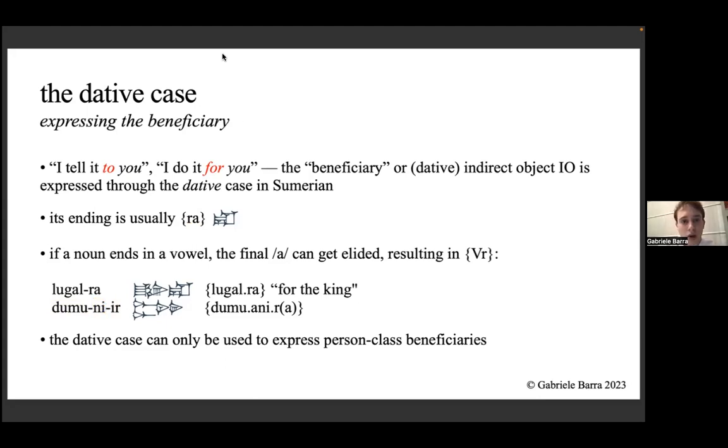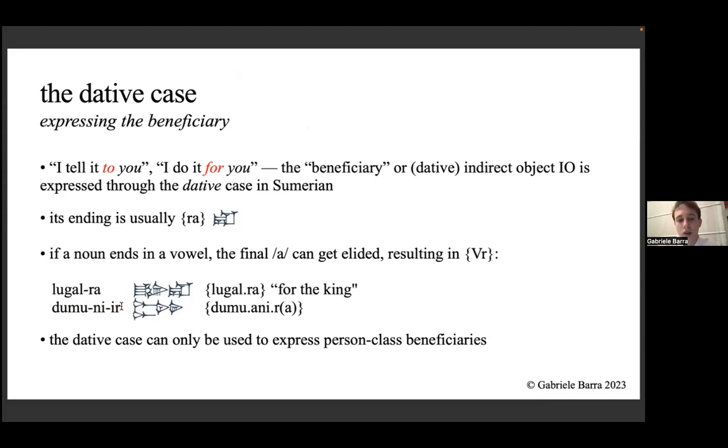I think we have a question in the chat. What about dumbra? What do you mean dumbra? Oh, dumu, not dumb. Oh, sorry. Okay. So if you just had dumu and then ra, it would probably be written dumu and then ur. So again, the vowel and then the r.